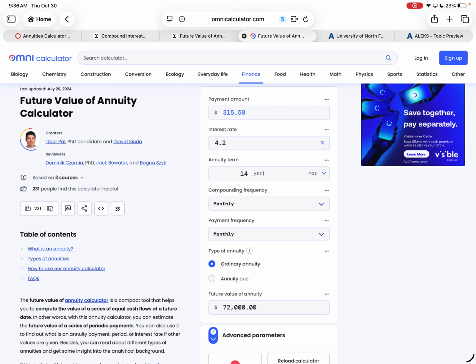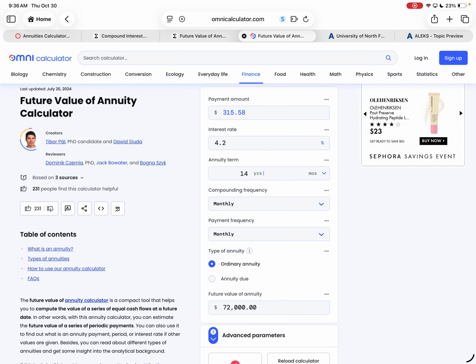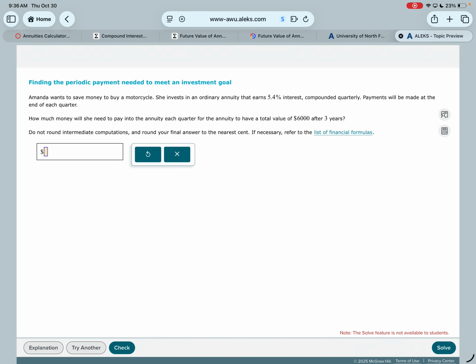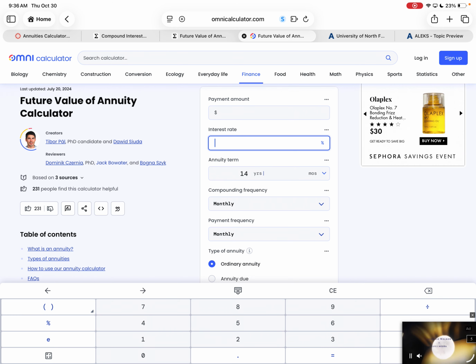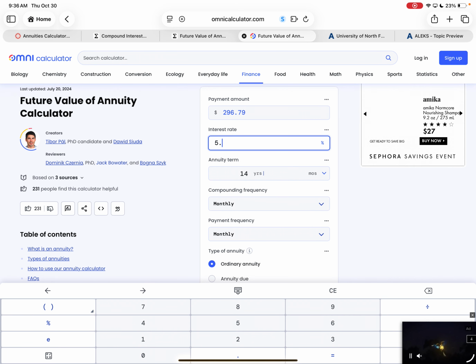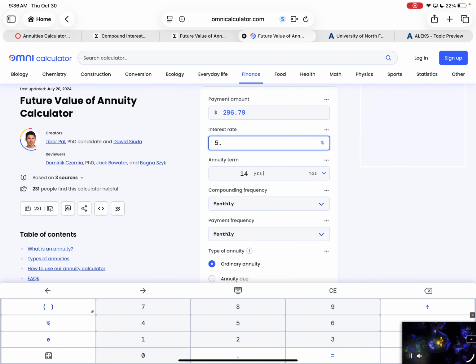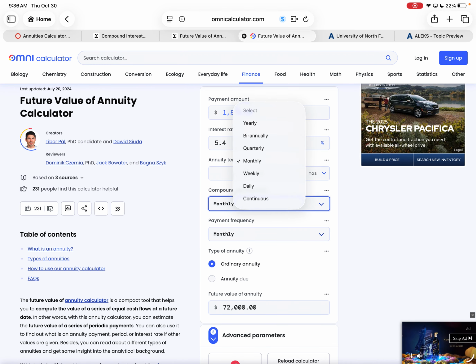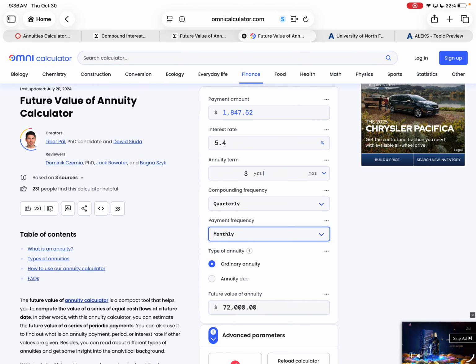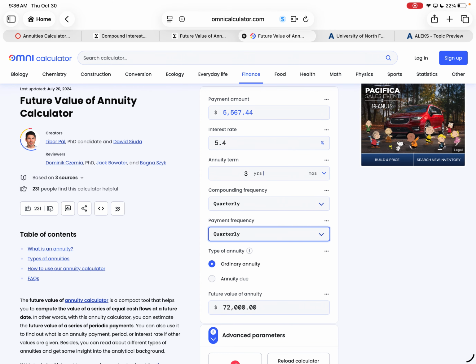This is a different website and a different calculator, because I couldn't find one on that website that does this. So 5.4% interest, we're doing 3 years, compounding quarterly, and what you want is $6,000.